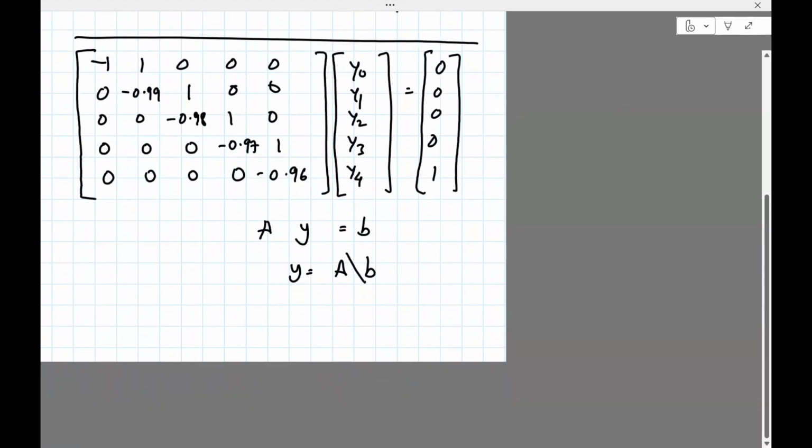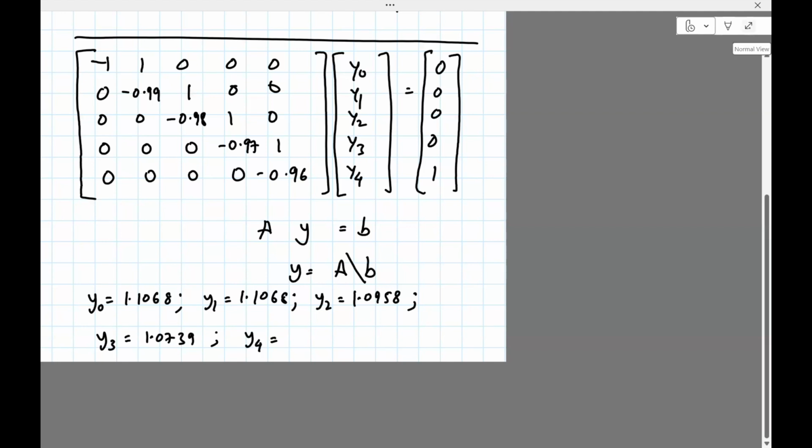You get y0 is 1.1068, y1 equals 1.1068, y2 equals 1.0958, y3 equals 1.0739, and y4 equals 1.0417.